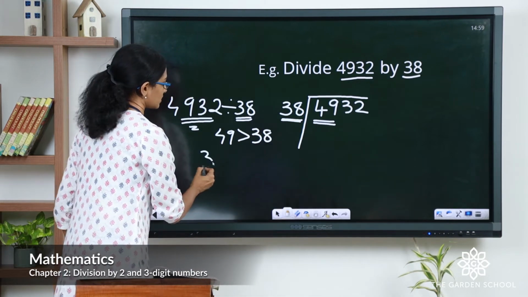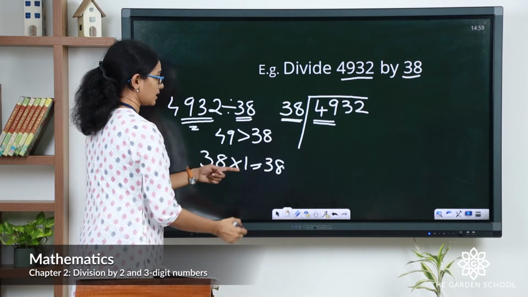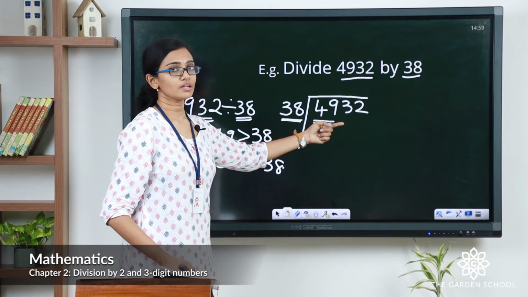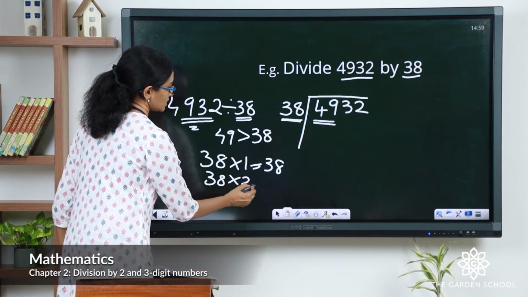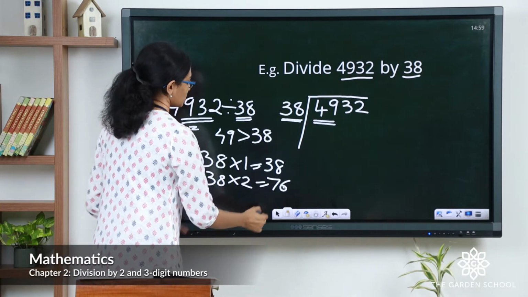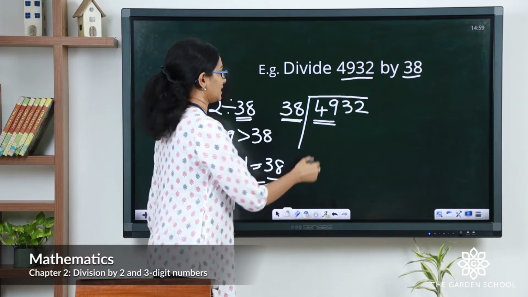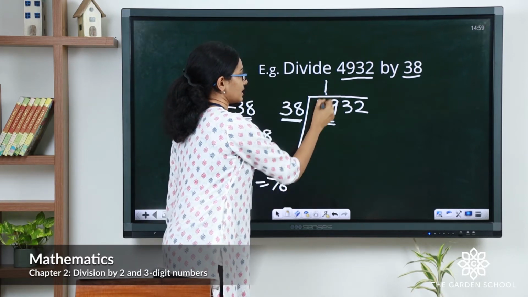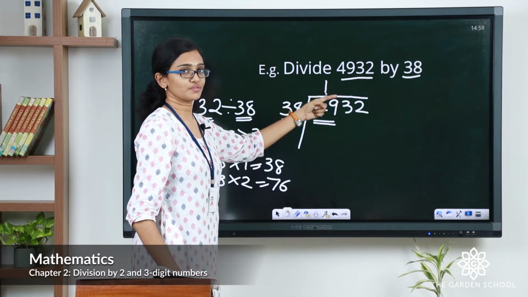We know 38 ones are 38. So, 1 38 will definitely go in 49. What about 38 into 2? It is 76. So, 49 will contain only 1 38. So, let's write that 1 here. So, this is the first digit of the quotient.